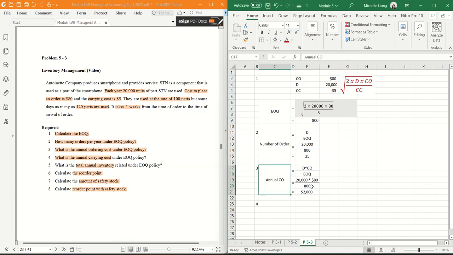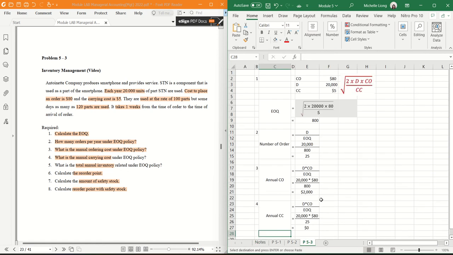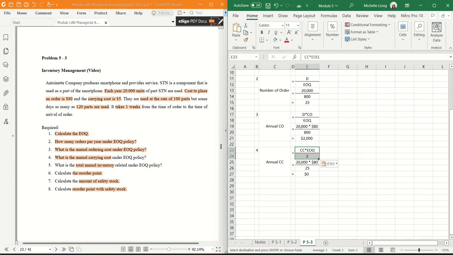Number 4 is the annual CC, or carrying cost. The formula is CC times EOQ divided by 2.